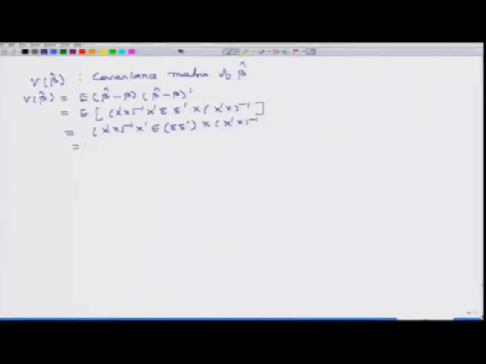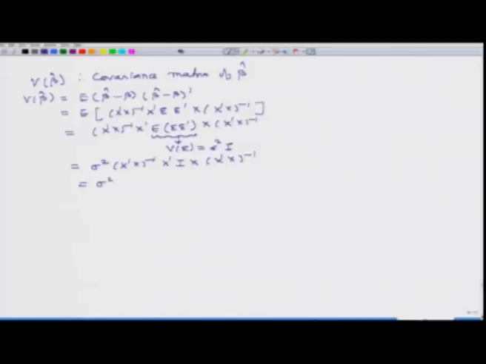Now, we have assumed that expected value of epsilon epsilon transpose is nothing but the covariance matrix of epsilon, which is equal to sigma square I. So, I can write this as sigma square (X transpose X) whole inverse X transpose I X (X transpose X) whole inverse.